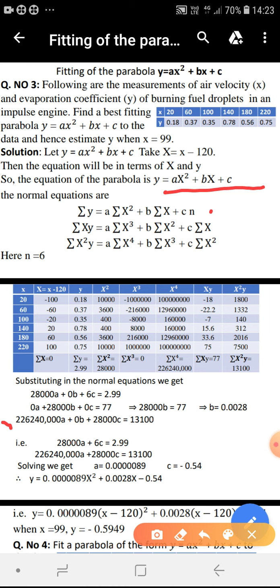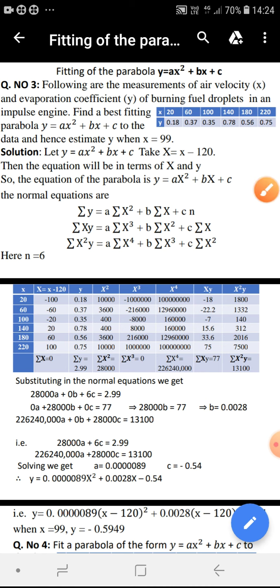Then the second equation: summation capital X into y, by attaching summation capital X to each term of both sides of this equation. So summation capital X y will be equal to a into summation capital X cube plus b into summation capital X square plus c into summation capital X.